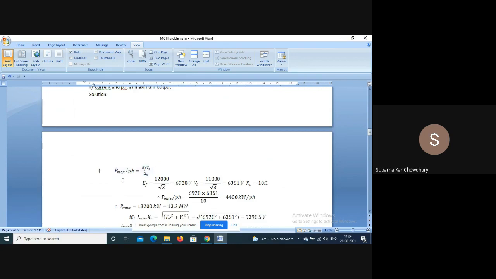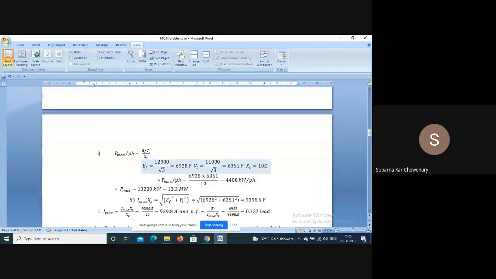So maximum output per phase, considering sine delta equal to 1, is EF Vt by XS. Now EF is star connected, so 12,000 by root 3, and Vt is 11,000 volt by root 3, and XS is given as 10 ohm.